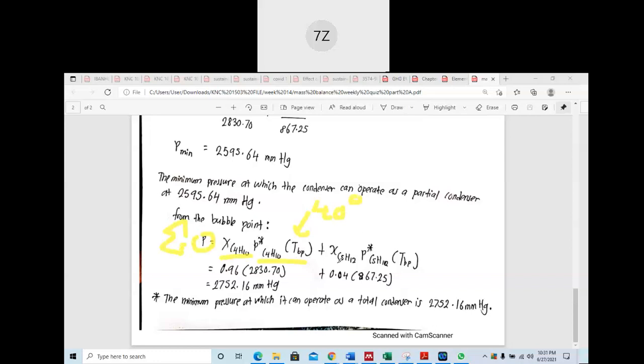Same also for the mole composition of C5H12 times the vapor pressure of C5H12. So we directly multiply the 0.96 with the one we already found. Just directly multiply and then add. Then we get the minimum pressure at which the operation operates as the total condenser. So that's how the calculation is used.